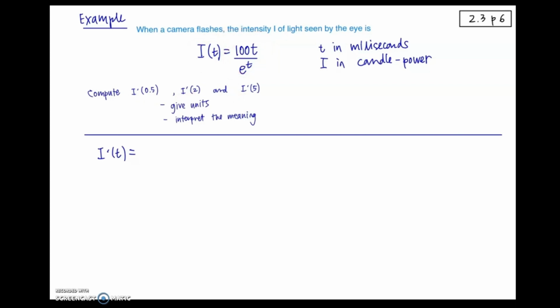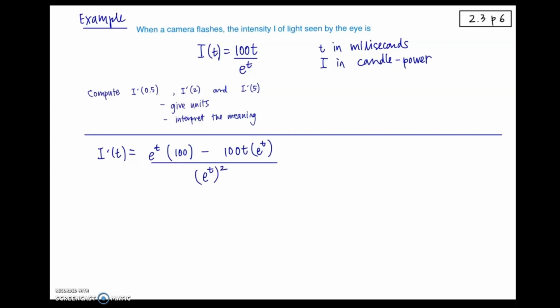So to find I prime of t, we're going to do low d high, so e to the t times the derivative of high, which is the derivative of 100t, which is 100, minus high d low, and the derivative of the low is e to the t, all over low squared, so e to the t, squared.